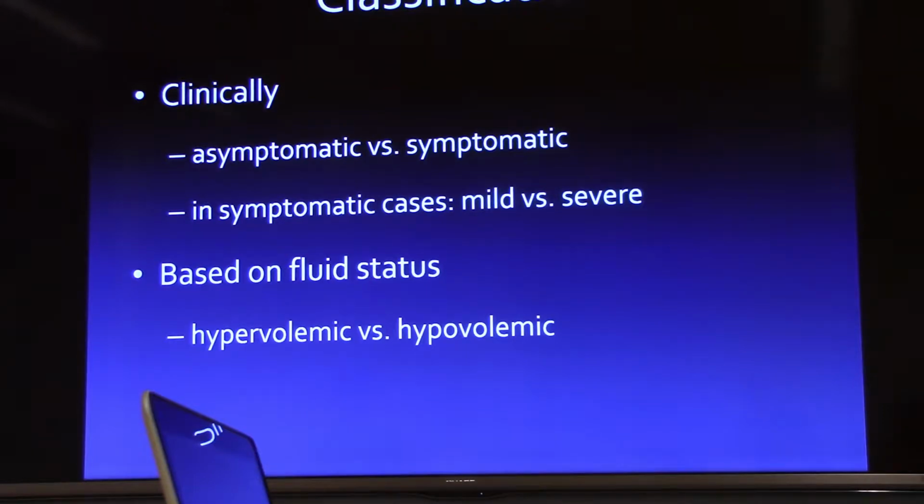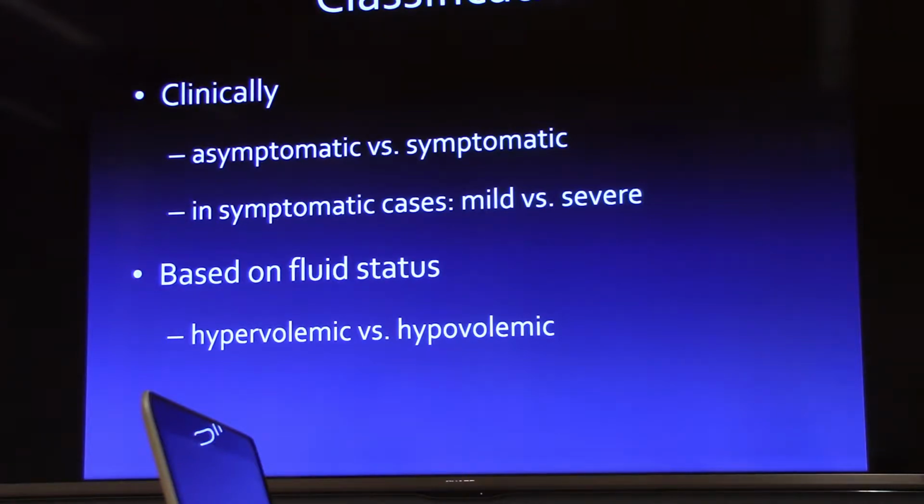So EAH is classified clinically into asymptomatic and symptomatic cases. The asymptomatic ones are typically detected in research settings, as you would expect. For the symptomatic ones, you can have mild cases with non-specific symptoms, as well as severe ones with essentially neurological sequelae from cerebral edema. It can also be classified based on fluid status, so you can have hypervolemic hyponatremia as well as hypovolemic hyponatremia, and this just means that there's volume overload in hypervolemia, as we would expect, and volume depletion in hypovolemic hyponatremia.